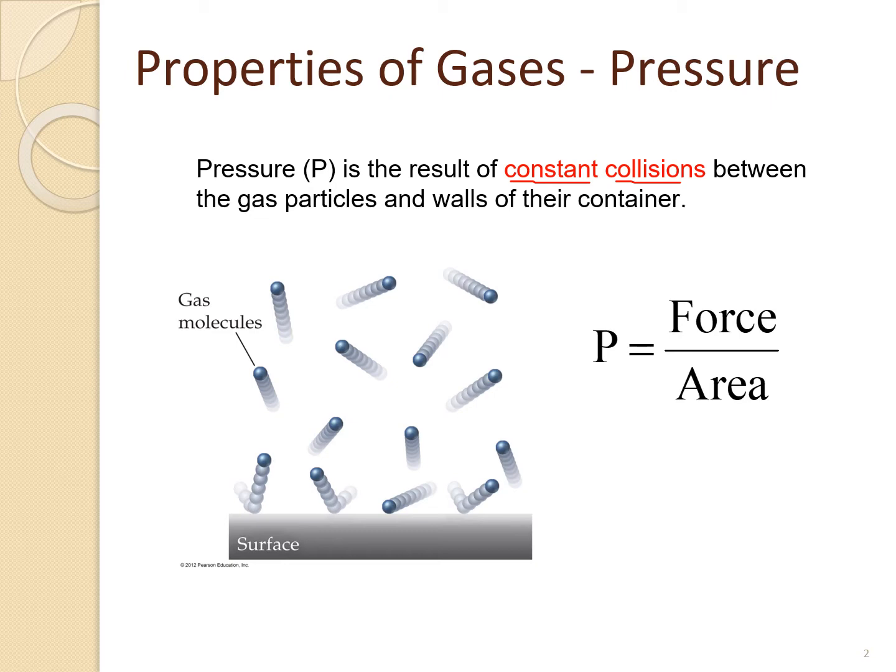Physicists would tell us that pressure of anything can be defined as force over area. So a higher pressure will either result from a higher force over the same amount of area, or it could result from the same amount of force over a smaller area.